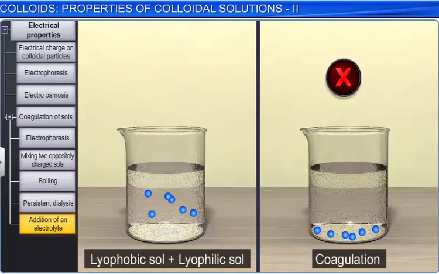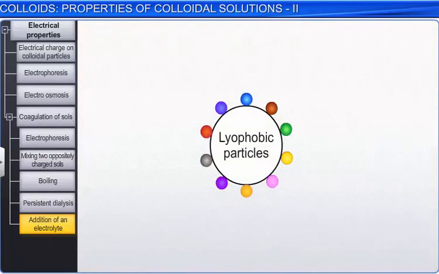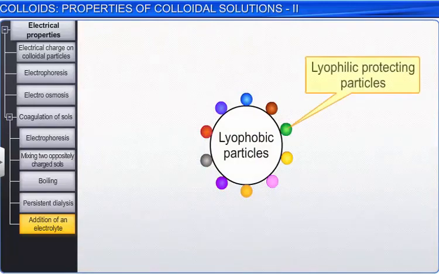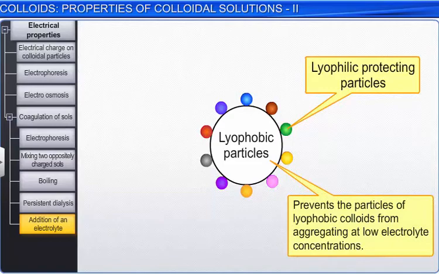A layer of lyophilic sol particles around the lyophobic sol particles prevents them from coagulating. The sheath of solvent molecules of the lyophilic colloid prevents the particles of lyophobic colloids from aggregating at low electrolyte concentrations.